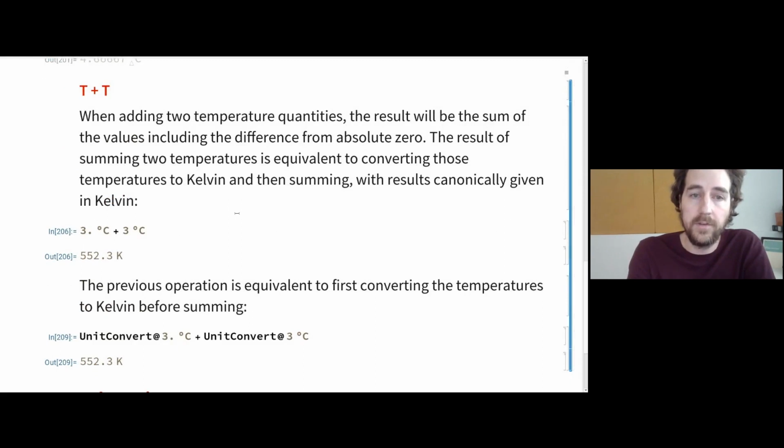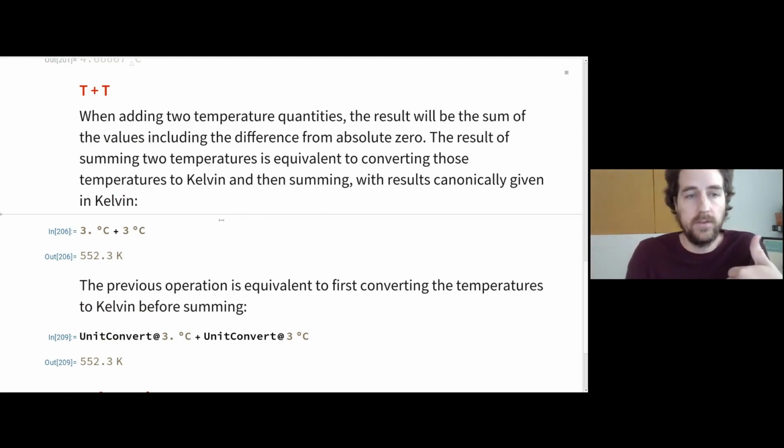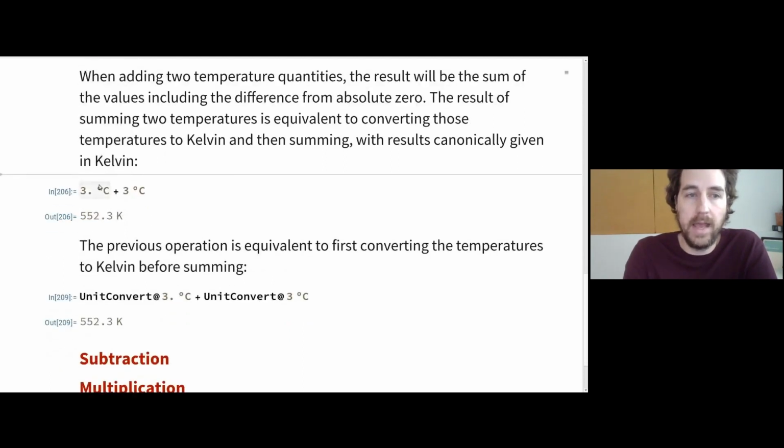For addition of temperatures, there is a change in the way that we're handling temperatures. If you add 3 degrees Celsius to 3 degrees Celsius, you'll notice you are getting 552.2 degrees Kelvin, not 6 degrees Celsius. And that's because when we handle that zero value appropriately at absolute zero, we need to have a uniform operation between adding those temperatures and summing those temperatures if they were converted to Kelvin.